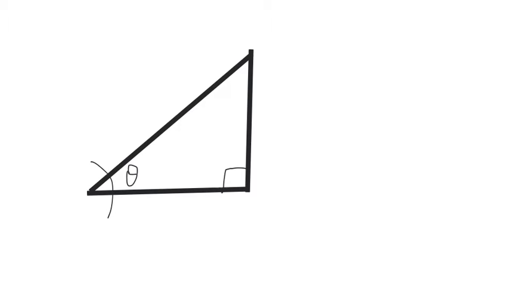On the triangle, now that we have our reference angle indicated, the rest of the triangle can be described using words, one of which you already know. So the long side of the triangle is known as the hypotenuse, and this side closest to the reference angle is called the adjacent side.